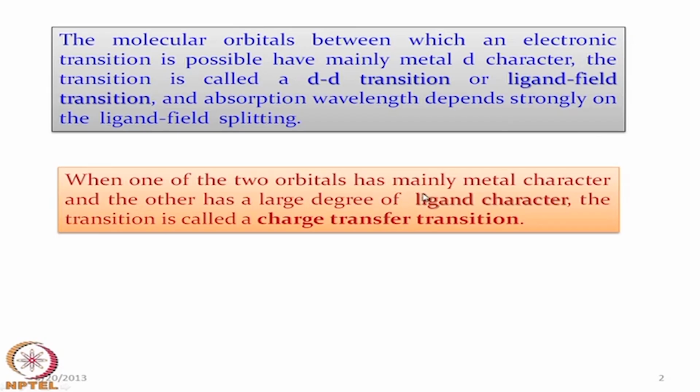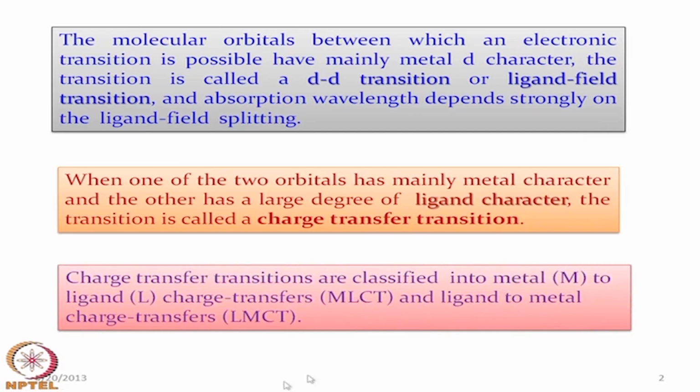This character is basically modifying the molecular orbital character of this particular orbital, which is responsible for the donor level or the acceptor level, and it is largely modified by the ligand character in association with the corresponding metal character. So, so far we have seen that we will have two different types of transitions. We can classify the charge transfer transitions into metal to ligand charge transfer transitions, which will be considered as MLCT, and the ligand to metal charge transfer will be known as LMCT transitions.